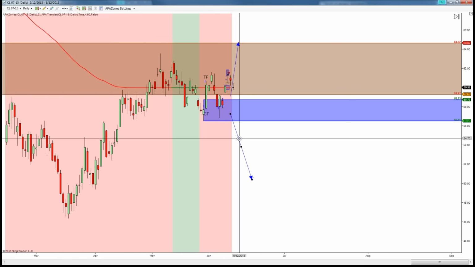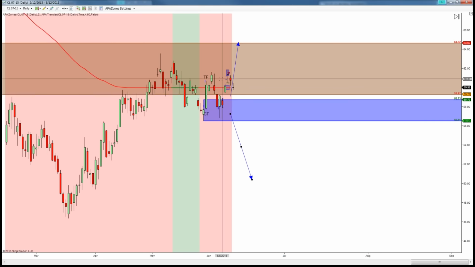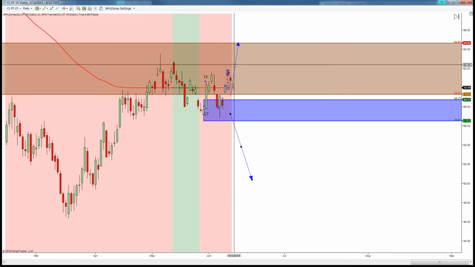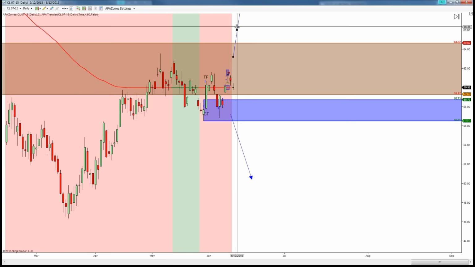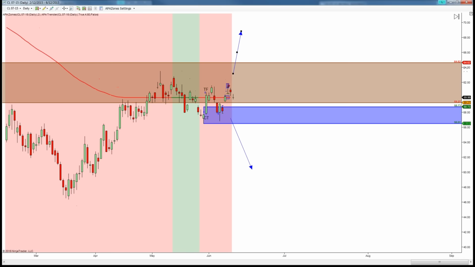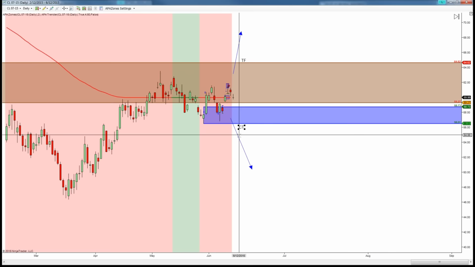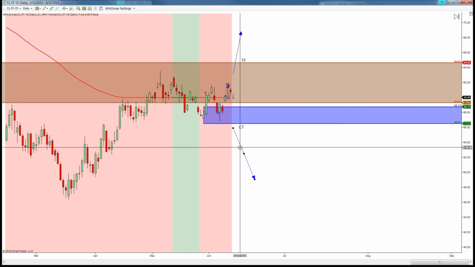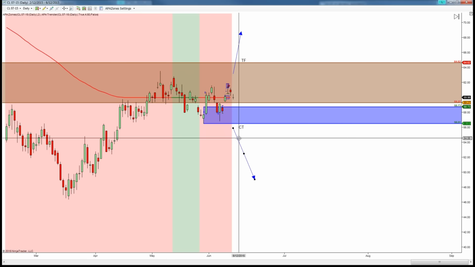Okay, now we've gotten stuck in this range. So we could wait for the breakout, and that's not a bad idea, to wait for the breakout of this trend just to see what happens here. I do like that idea a lot.